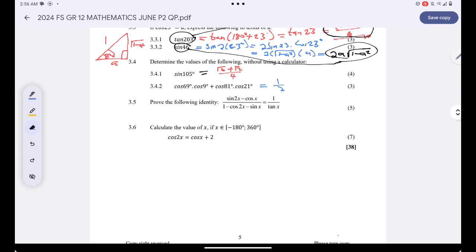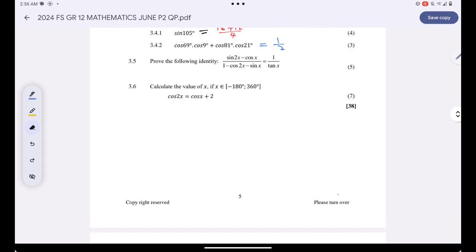Okay. Now I'm supposed to prove the identity. The left hand side is sine 2x minus cos x over 1 minus cos. Okay, this is the left hand side, right? I must simplify it.